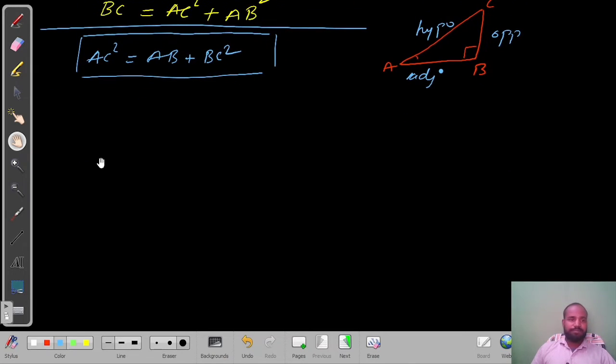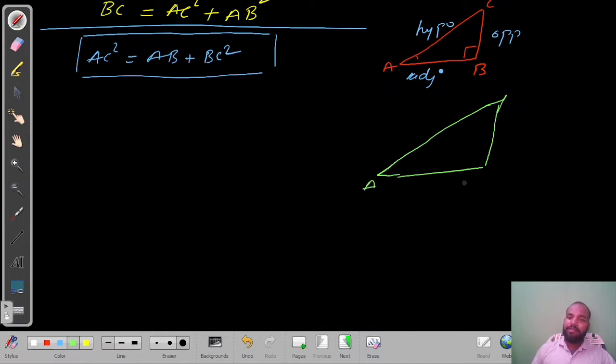So now see. Let us draw one triangle ABC. The hypotenuse is given, let us take smaller values.